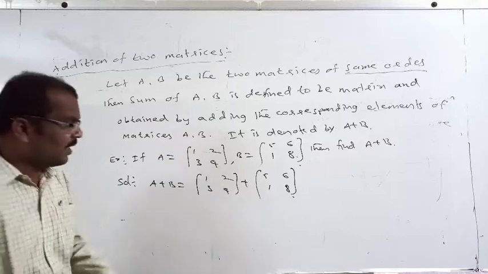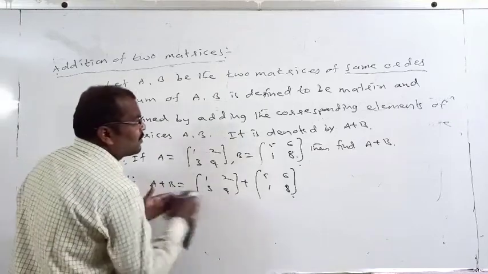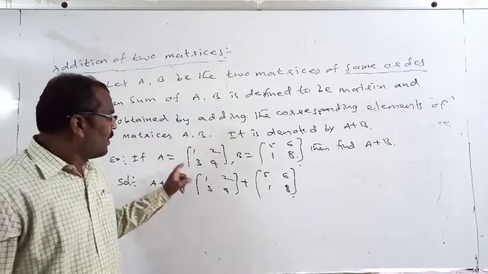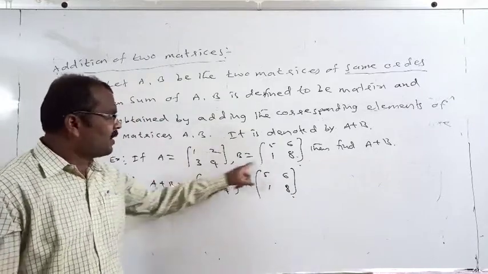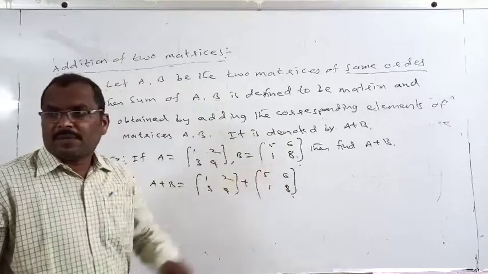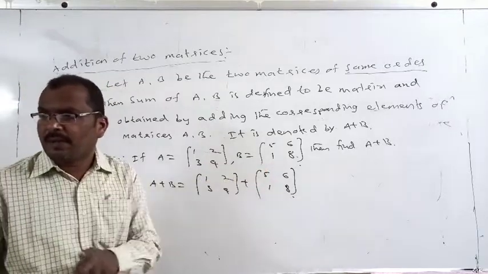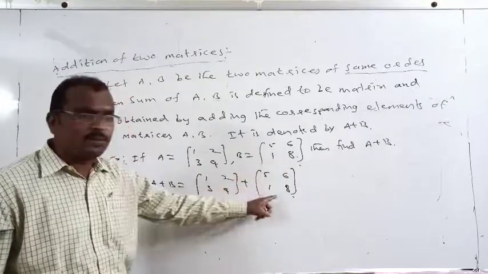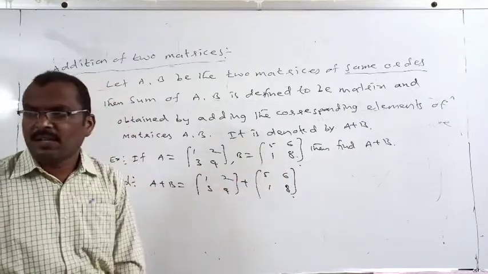So don't confuse here. Add the corresponding numbers. First see the orders of the two matrices. The first condition is that the order should be the same. The order is the same now: 2 cross 2, 2 cross 2, which means summation is possible.